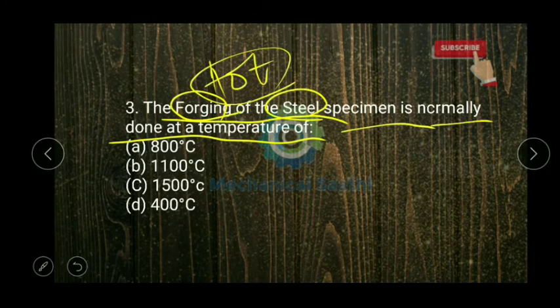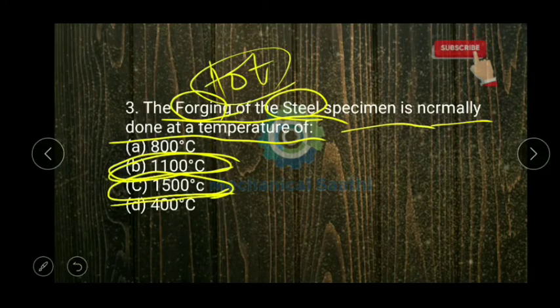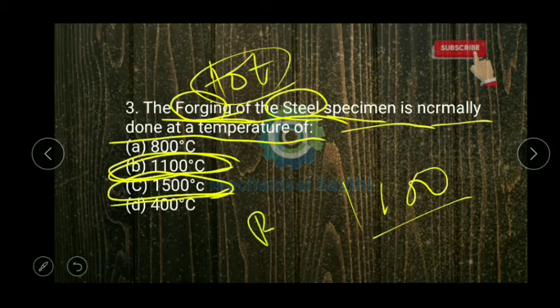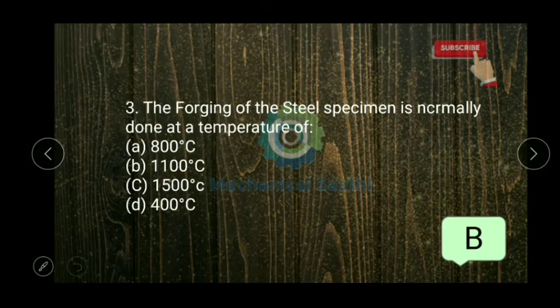The melting point of steel is around 1500 degrees centigrade, and the recrystallization temperature is below 1100. So we need to forge the steel specimen at nearly 1100. So here option B will be the correct one. Okay, so let us check it. So we get B option is the correct answer over here.